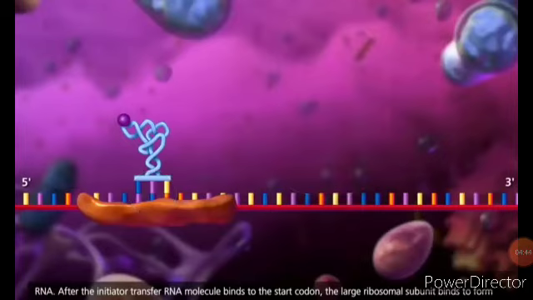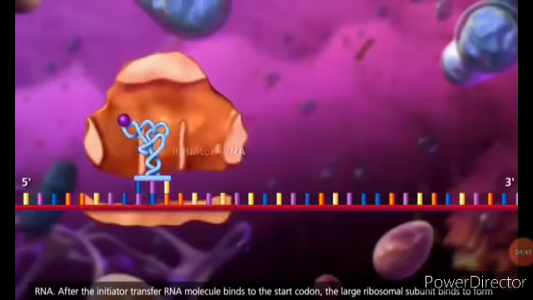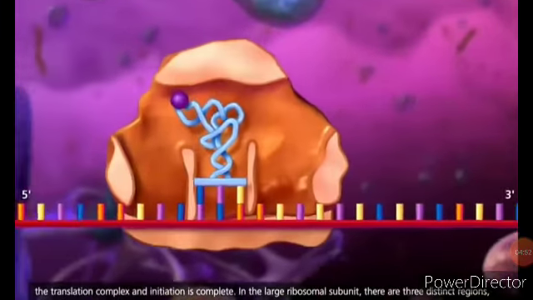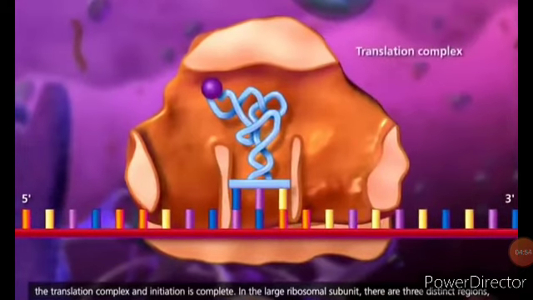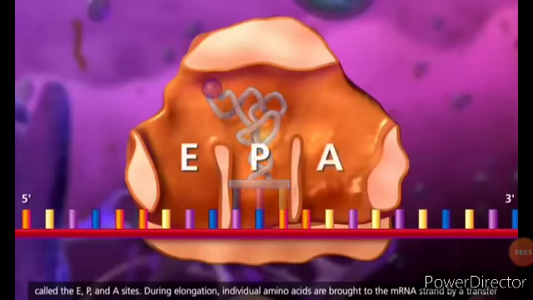After the initiator tRNA molecule binds to the start codon, the large ribosomal subunit binds to form the translation complex and initiation is complete. In the large ribosomal subunit, there are 3 distinct regions called the E, P and A sites.